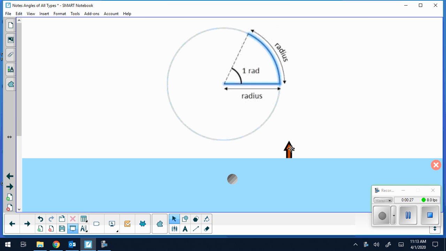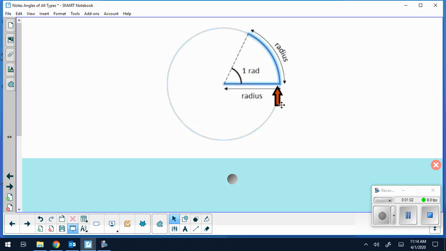So I'm going to go a little bit off the paper here just so that we can have this better visualization. So arc length is this curved part right there. So it's basically like the circumference. So what we're looking at is the radius and the arc length is equal. And in all cases, if the radius and the arc length are equal, that's going to give me 1 radian.